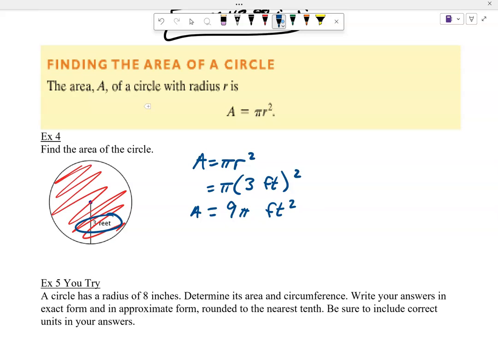In other words, if I use my pi button again, 9 times 3.14159, and so on, will give 28.2743338. So let's say I rounded to the nearest tenth. I look to the right of the 2, I've got a 7, so I'll bump that up. Square feet.